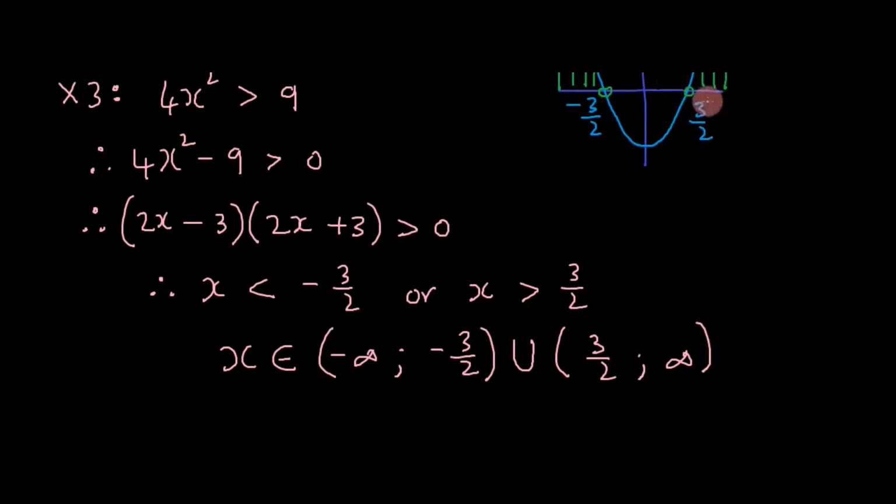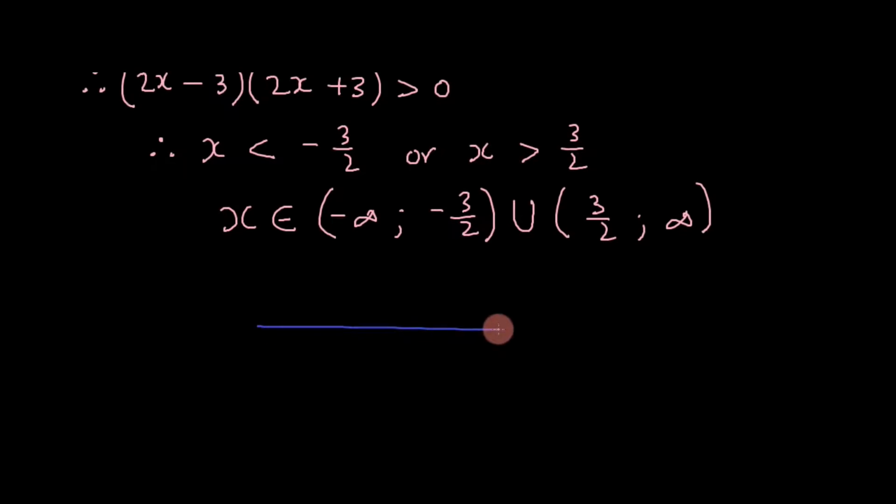So basically these two intervals. Then to illustrate it on a number line, it's going to exclude negative and positive 3 over 2, to the left of negative 3 over 2 and to the right of positive 3 over 2.